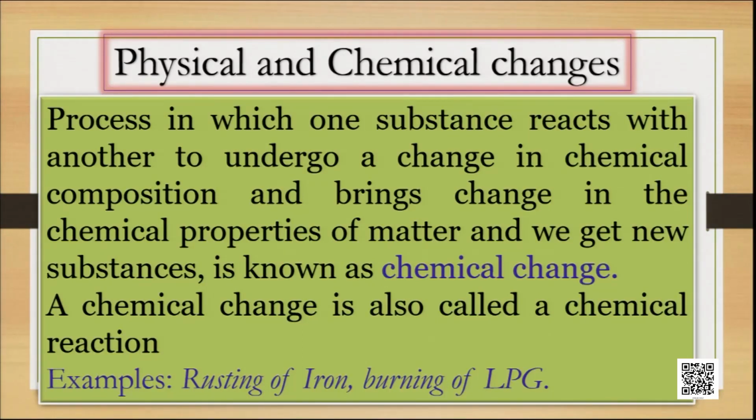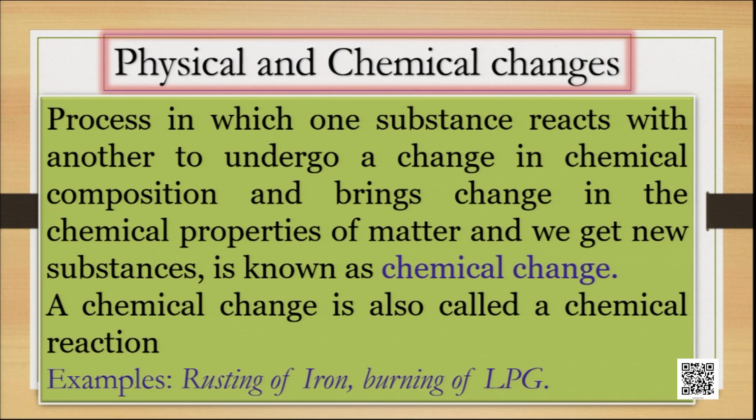So, as you can read, a process in which one substance reacts with another to undergo a change in chemical composition and brings change in the chemical properties of matter, and we get a new substance, is known as a chemical change. And a chemical change is also called a chemical reaction.